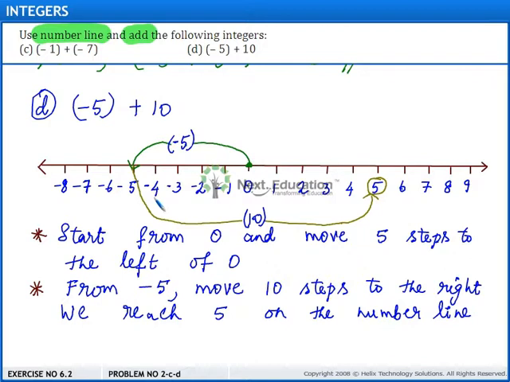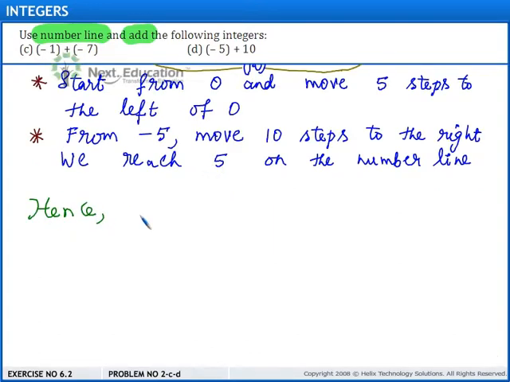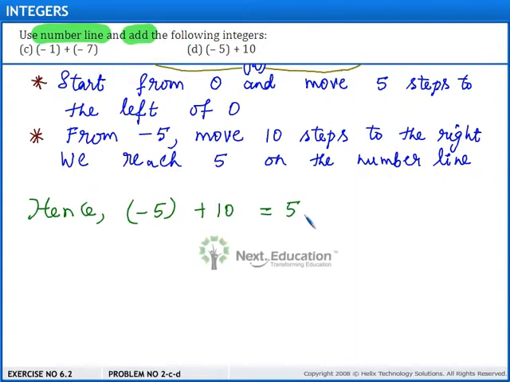After adding -5 and 10 using number line, we got the result as 5. Let us write the solution. Hence, -5 plus 10 is equal to 5. This completes the solution.